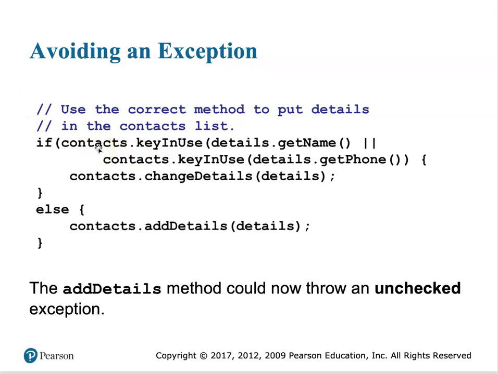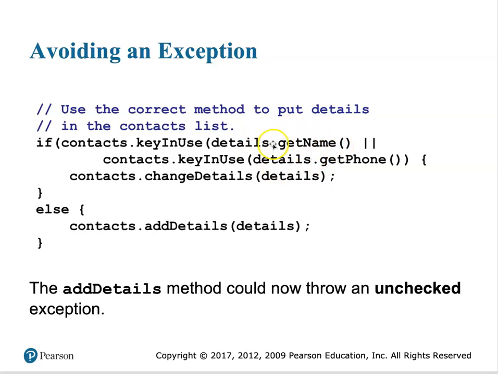Ask the contacts: is the key in use for details.getName, or is the contacts key in use for details.getPhone? Key in use is going to give us a true or false.